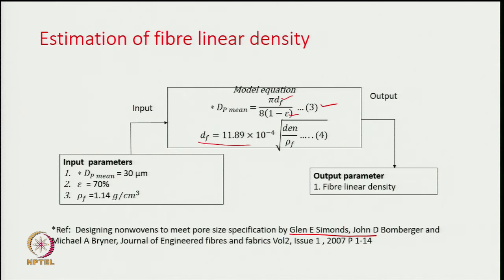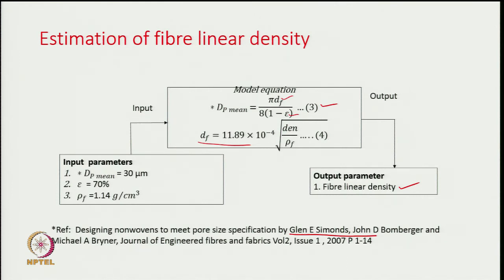Many of you will be knowing it also. You must have been taught also in maybe some courses where the relationship between diameter and denier of a fiber has been derived. So, we make use of these two equations to find out what is the linear density of the fiber to be.